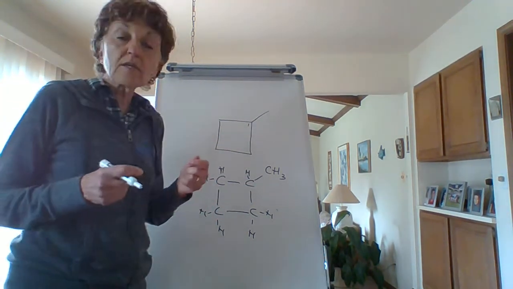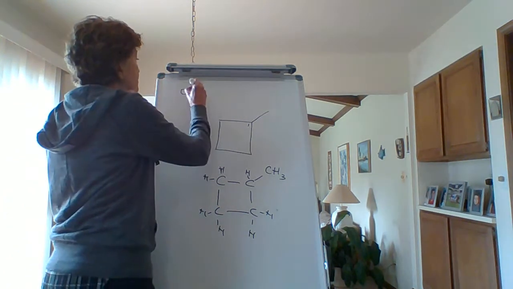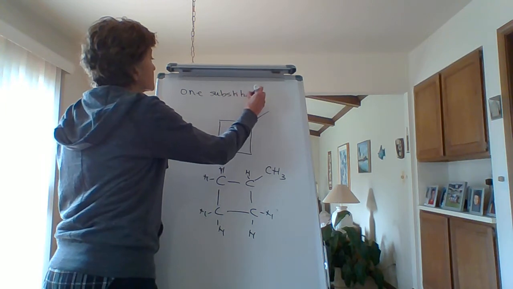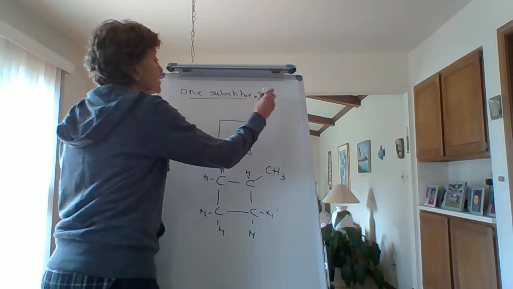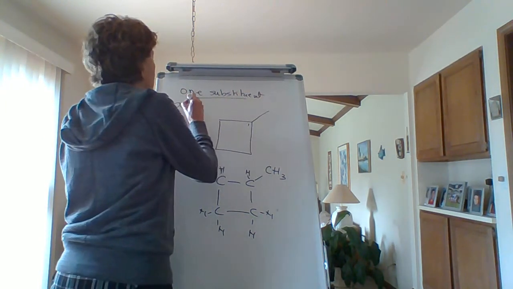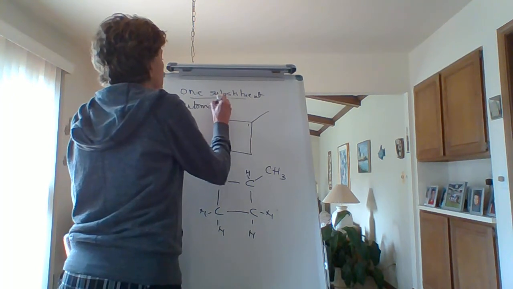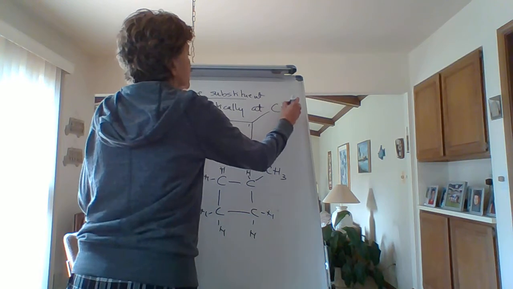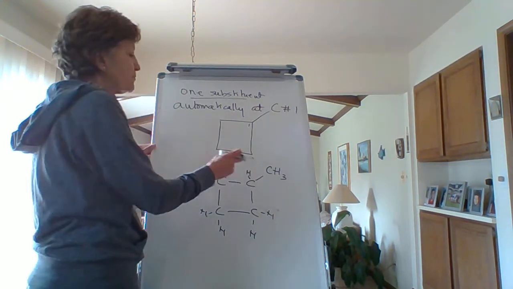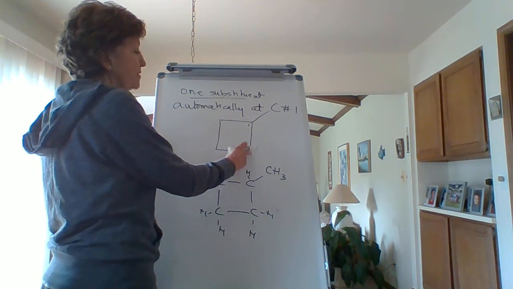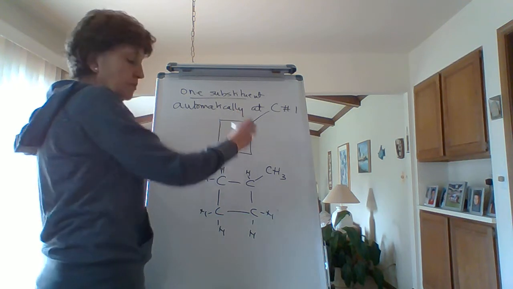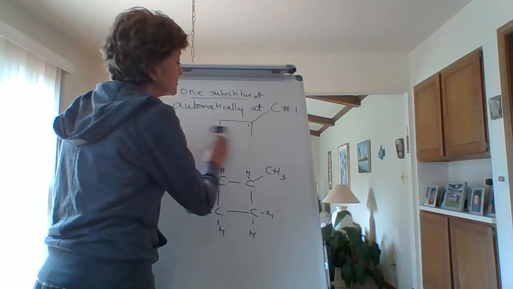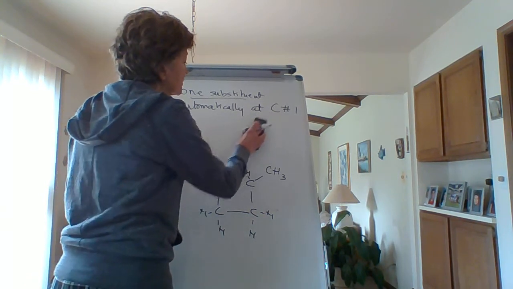Because if you have just one substituent, it's automatically at carbon number 1. Because it wouldn't make sense for you to number this 1 and then say, oh, my substituent is at carbon 2. The whole point of all of this is that you want your substituents to be at the lowest possible number.